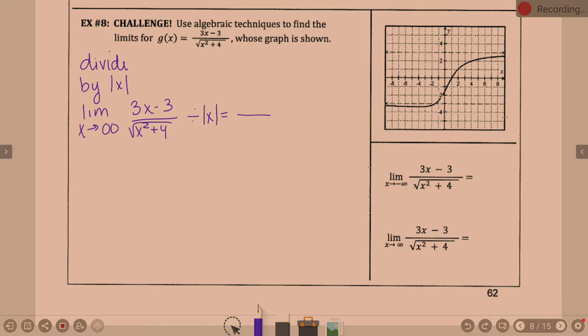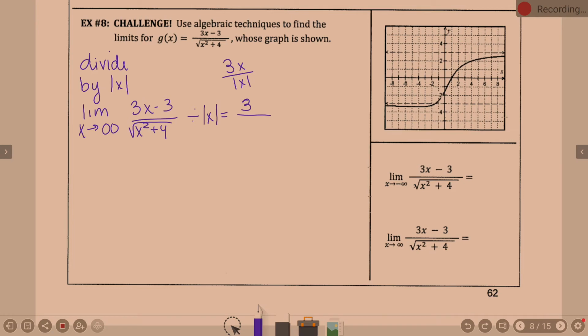what's 3x divided by the absolute value of x going to represent? If you take 3x and divide by the absolute value of x, you said 3, yes? Okay, 3.